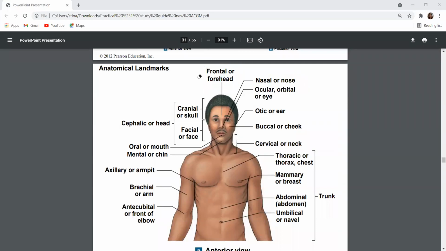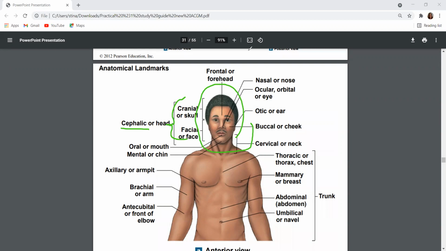Okay, the first one we're going to do here, let me get my pen again, is going to be cephalic. So cephalic is the name for this entire head and face. So the skull and the face, all of that together is grouped into a term called cephalic.